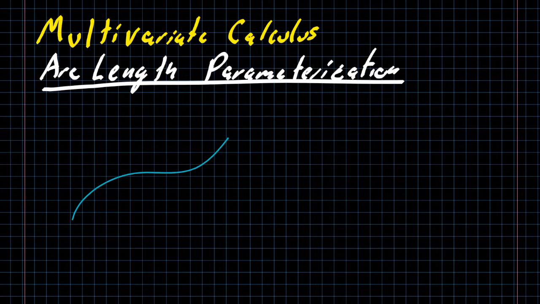In time steps, it could be that some of the steps are relatively small and other steps are relatively spread out. A very simple example here, think about an object falling.